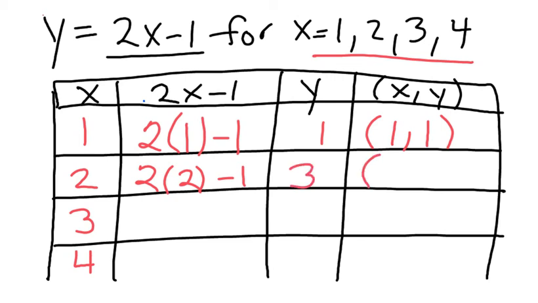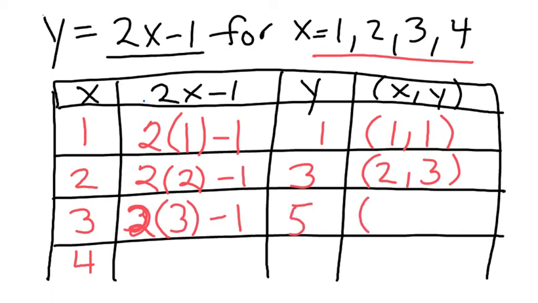So our ordered pair is 2, 3. Next line, 2 times 3 minus 1 is 6. 6 minus 1 is 5. So that's the ordered pair, 3, 5.